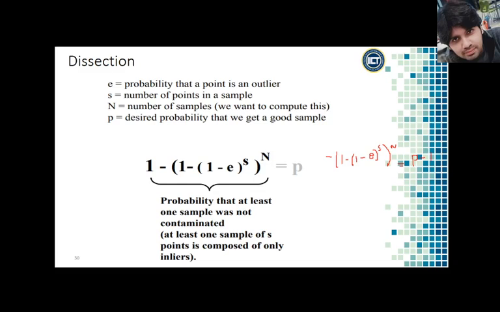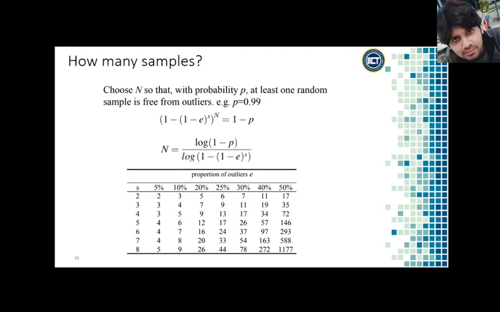So there is a minus, and if we multiply with the subtraction sign on both sides, we get 1 minus E to the S power n equals 1 minus P. So that's basically what is mentioned here.